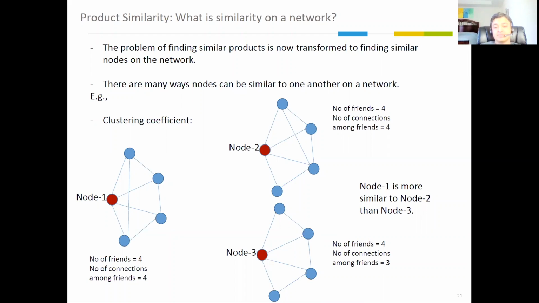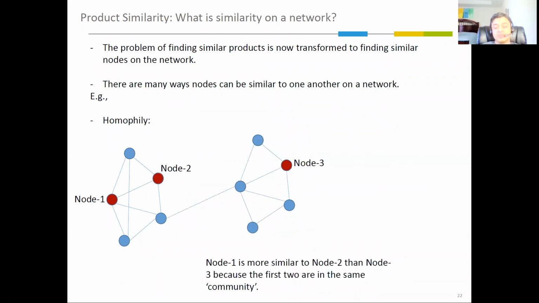So you are just trying to compute the fraction of these friendship links with respect to the maximum number of friendship links. And that's essentially the clustering coefficient. The clustering coefficient for node 1 is similar to the clustering coefficient for node 2. And hence node 1 and node 2, in this definition, are more similar than node 1 and node 3.